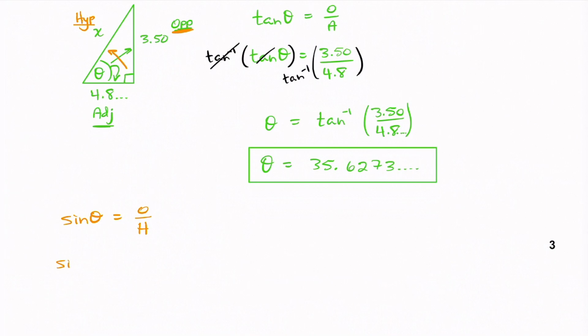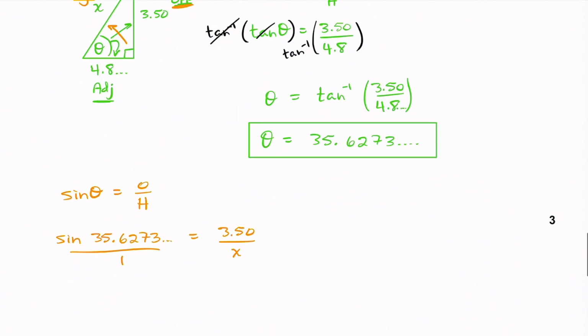Then let's fill it in. So sine of the angle was that 35.6273 equals, opposite is 3.50, and then the hypotenuse is X. Put this over 1 and do our cross multiply divide. So X is equal to, cross multiply those two, and divide by the 1 across from the X. So divide by that sine of 35.6273.